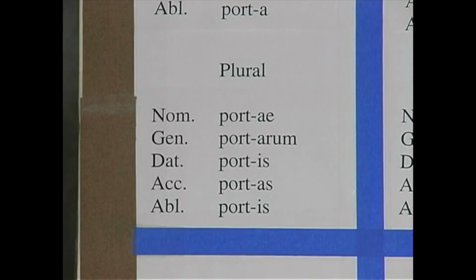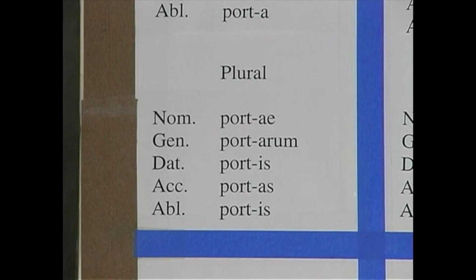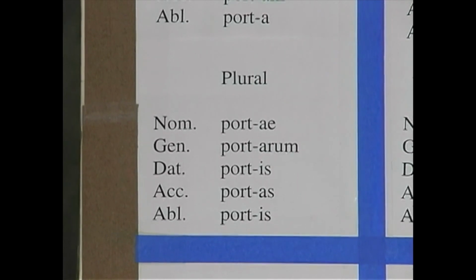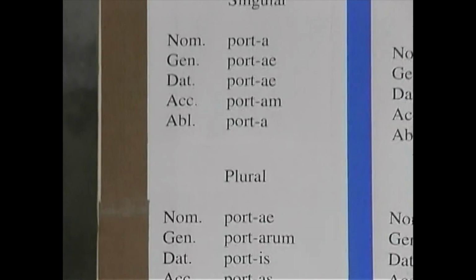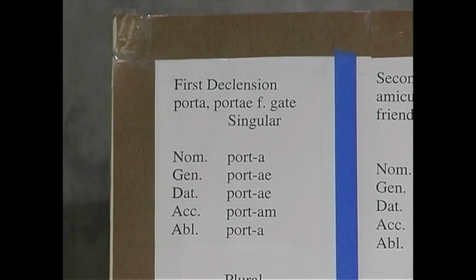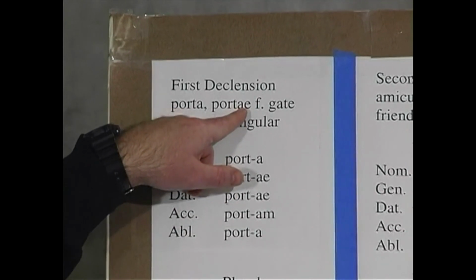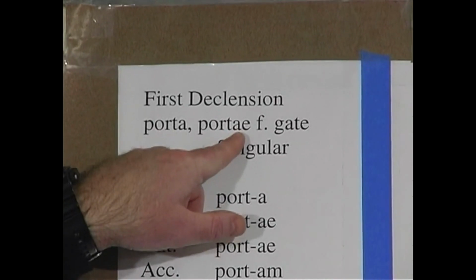How do you know that a noun belongs to the first declension? You know it by the genitive singular. All first declension nouns have a genitive singular in AE.